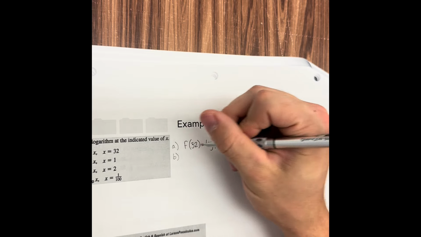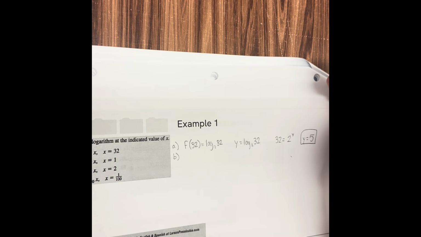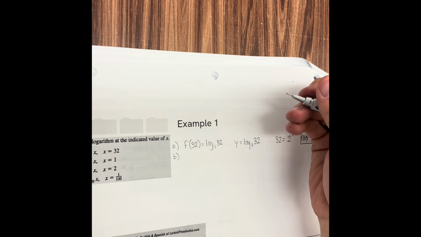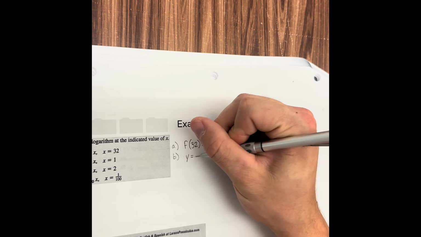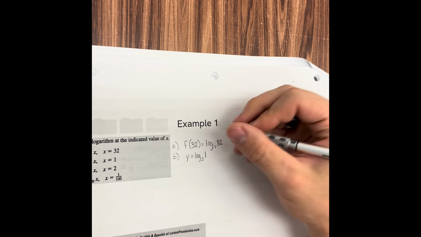Letter B. We have log base 3 of x. And again, this time I'm going to use y instead. So I guess when we get to the end, we could say f of 1 equals 0, but I'm going to use y right away just because it's a little bit easier to work with. So y equals log base 3 of 1.